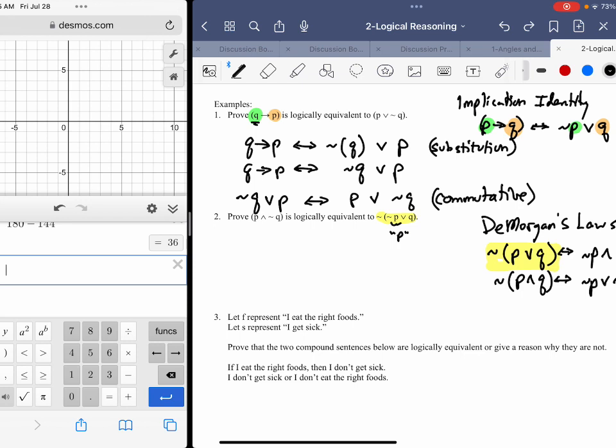Q is what it is. So I could rewrite this as not, instead of P, not P or Q is going to be equal to not P and not Q. All right, so that's by substitution.